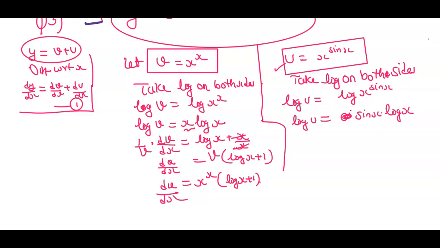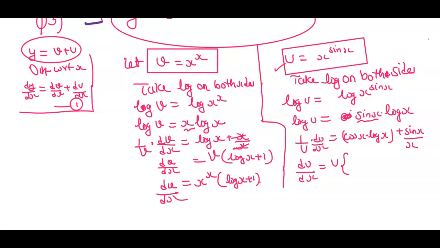So it is 1 by u du by dx. Product rule, derivative of sin x is cos x, and I have log x as such, and then I have sin x, and derivative of log x is 1 by x. So du by dx is u times cos x into log x plus sin x upon x.